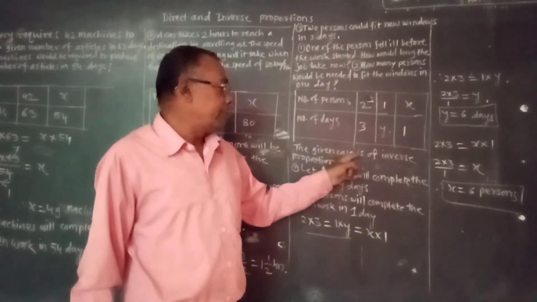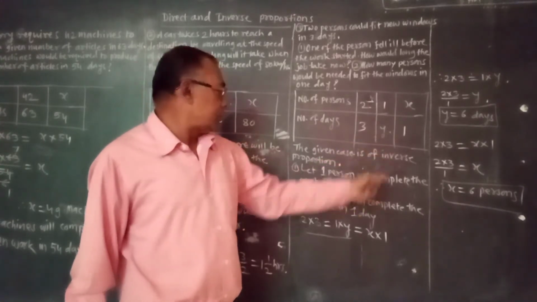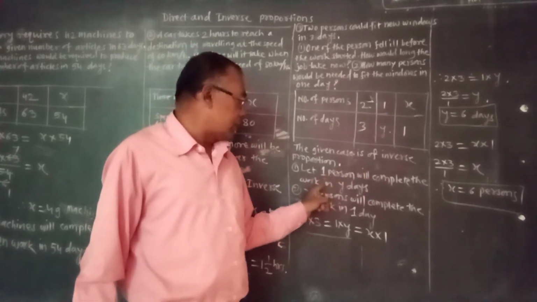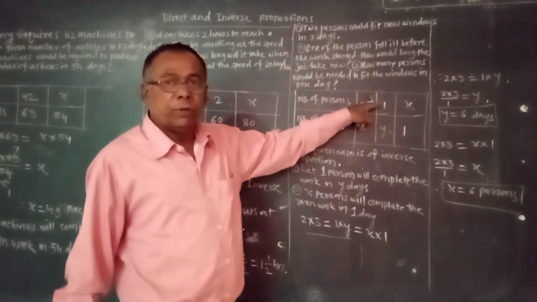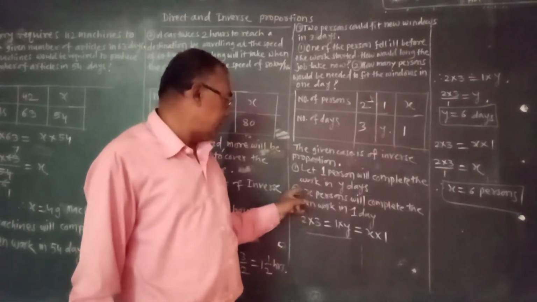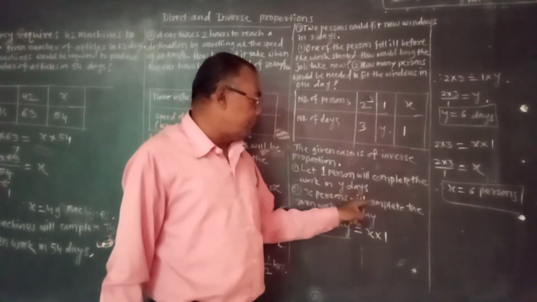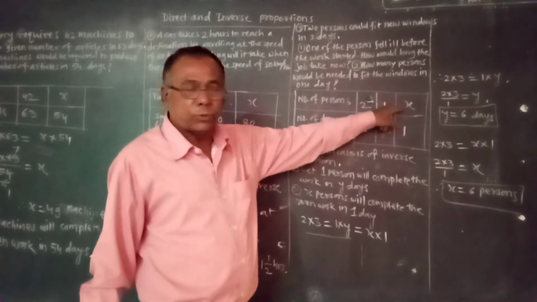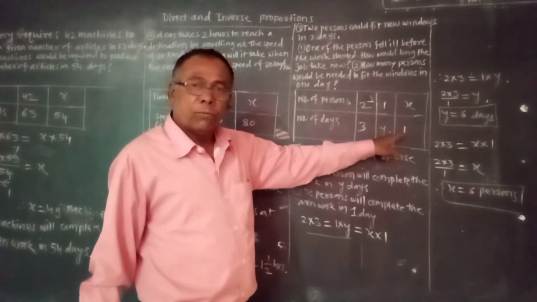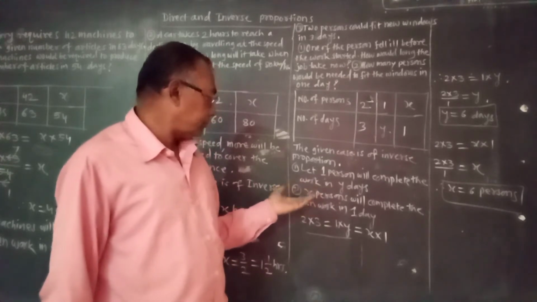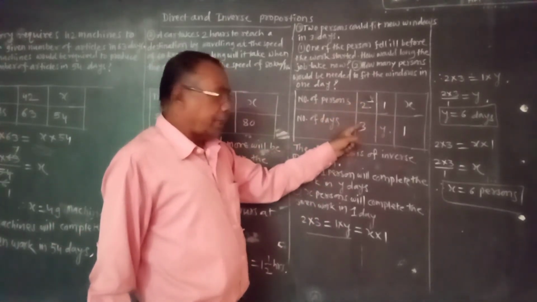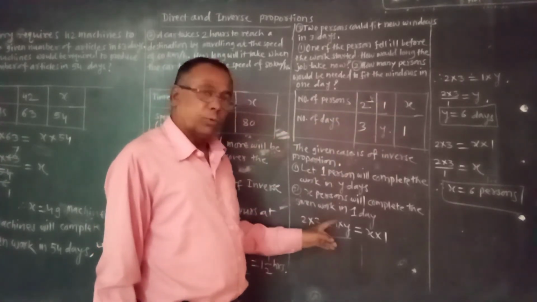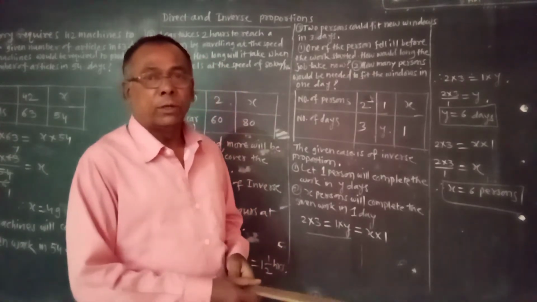So the given case is of inverse proportion. Now one person will complete the work in y days, and in the second case x persons will complete the given work in one day. Therefore 2 into 3 is equal to 1 into y, and that is equal to x into 1.